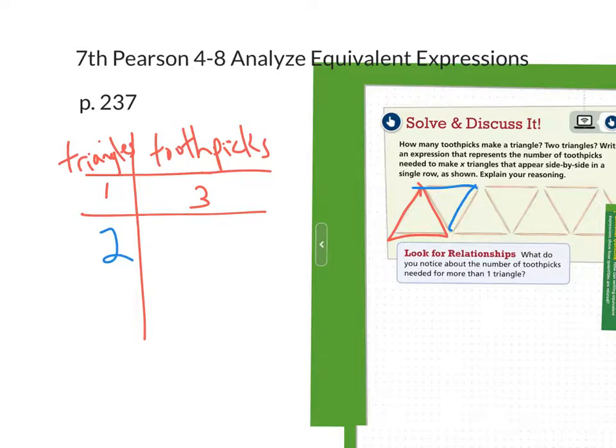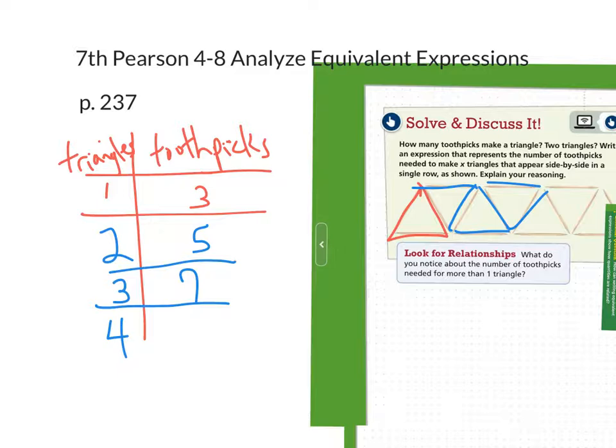So actually, 2 triangles altogether, we need 5 toothpicks. We could continue this for 3 triangles. We would need 7 toothpicks. And going one step further, for 4, we would need 9.